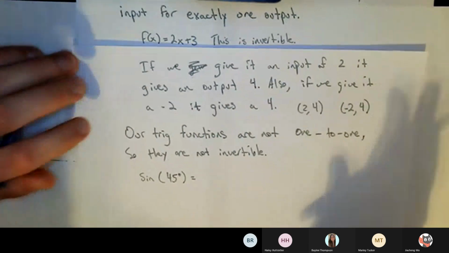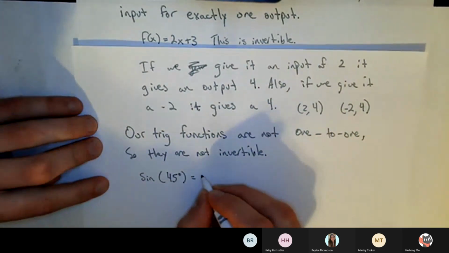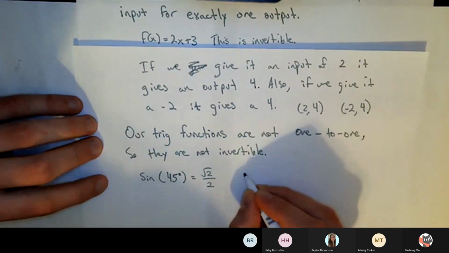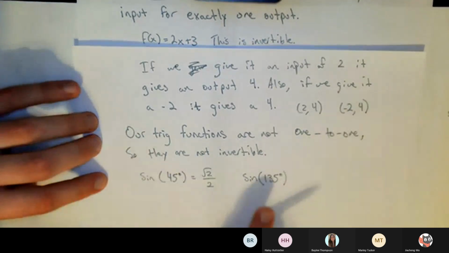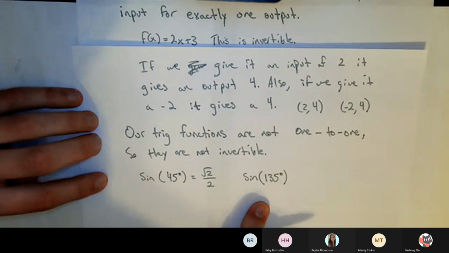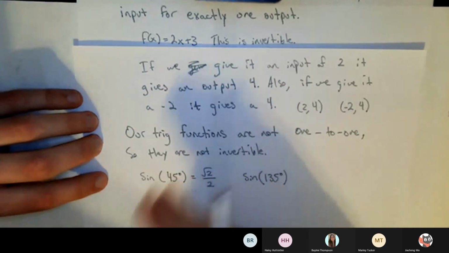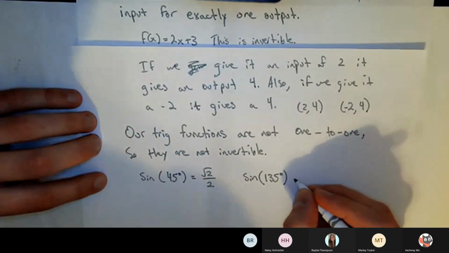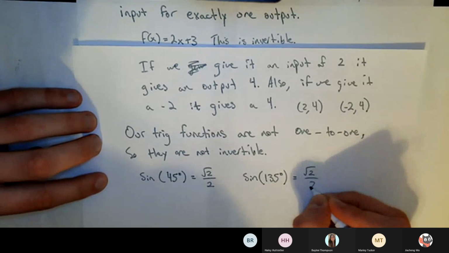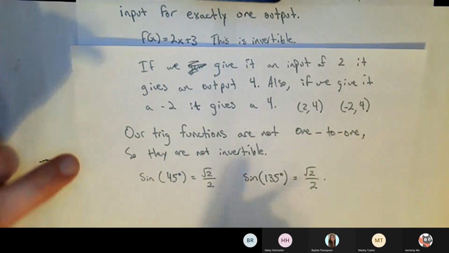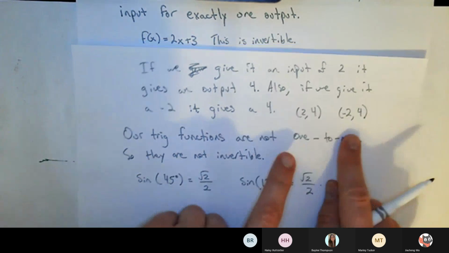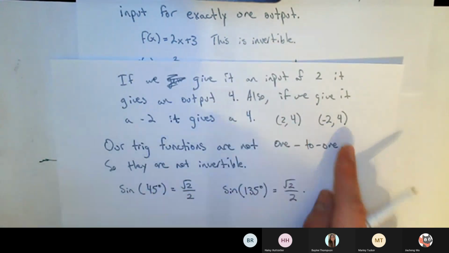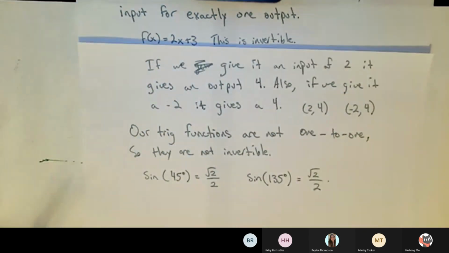This is like one of the problems from earlier. Sine of 45 degrees is going to end up being square root of 2 over 2. And sine of 135 degrees, which is like example 3 from the beginning, I would draw my reference angle and work through all that. It ends up being positive. Get the exact same answer. So 2 different inputs going to the same output. That means it's not invertible.